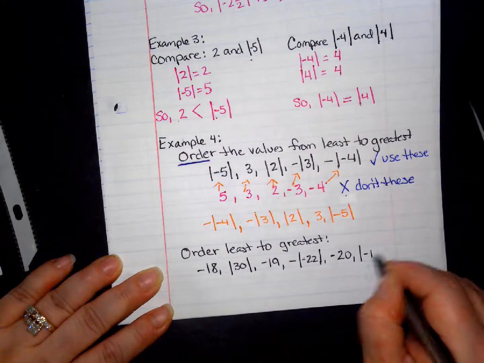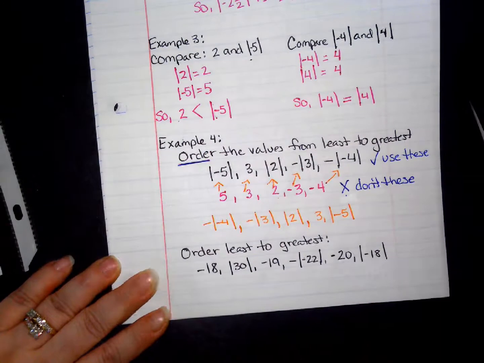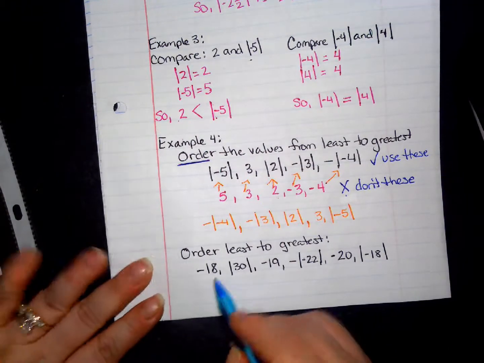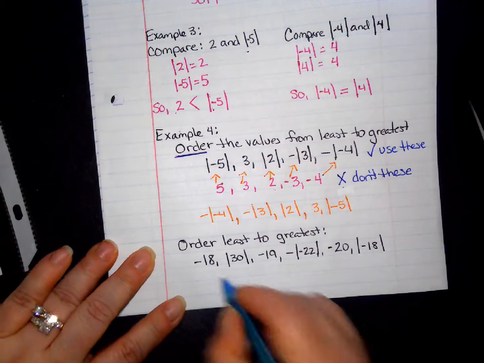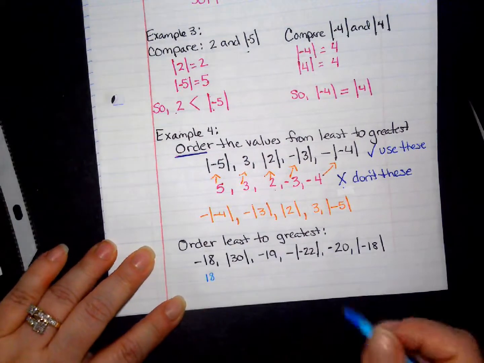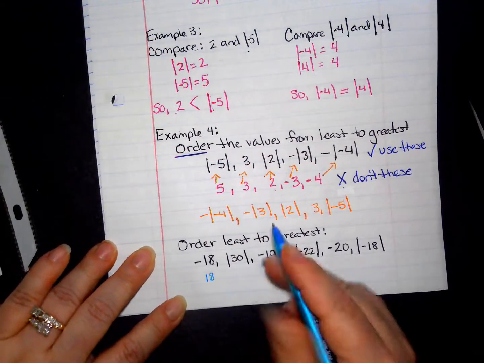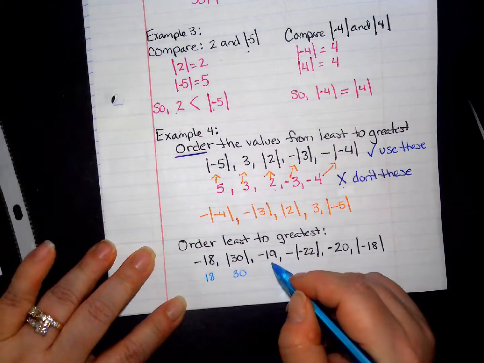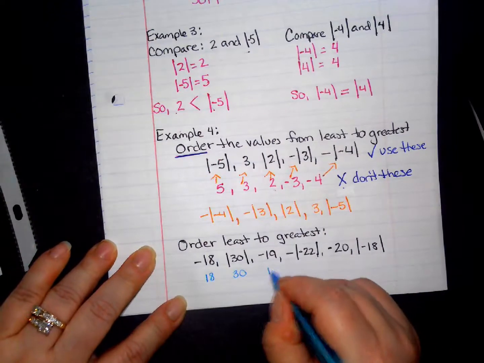All right, it's helpful if you keep them right underneath your numbers when you're finding the absolute values. So the absolute value of -18 is 18. The absolute value of 30 is 30. The absolute value of -19 is 19, because if you counted from 0 to -19, you would hit 19 numbers.